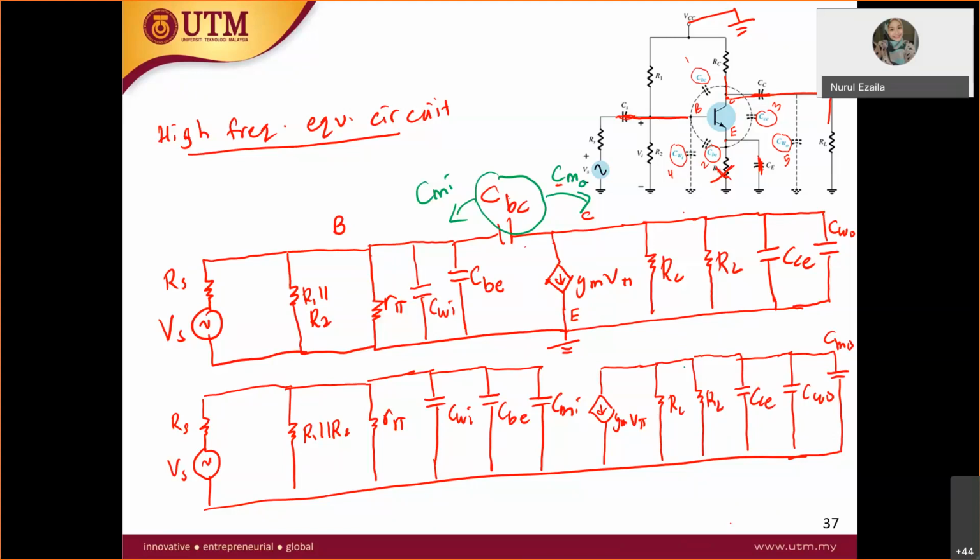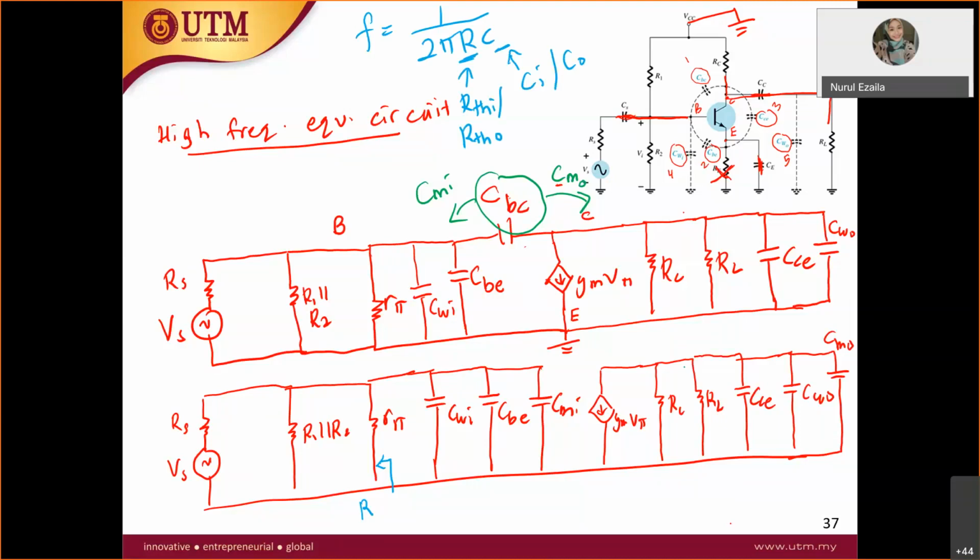The effective frequency is obtained by the lower of the two frequencies. Frequency equals 1 over 2 pi RC, therefore you need to find the total R, which we call RTH.